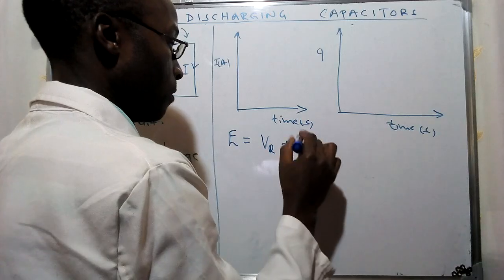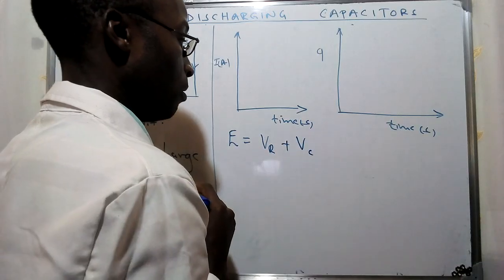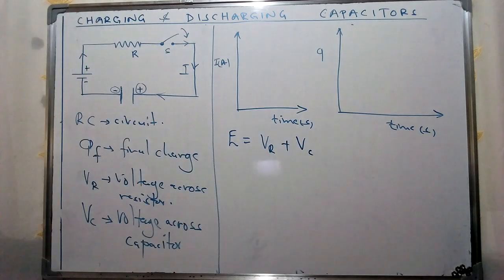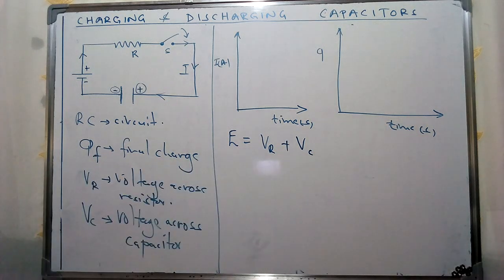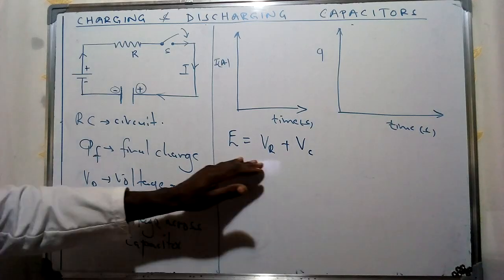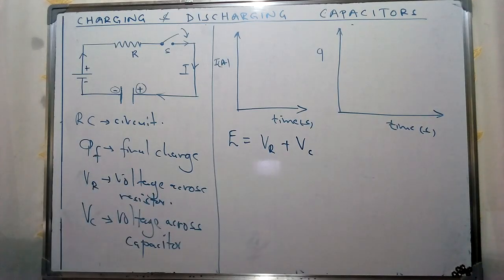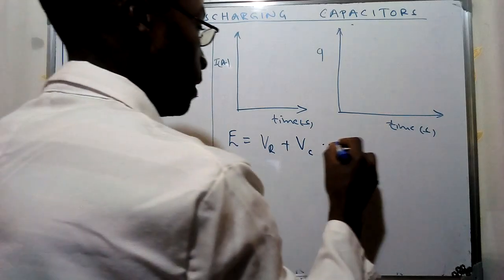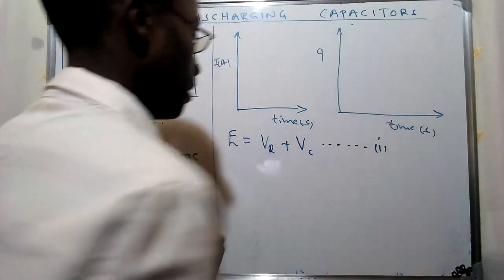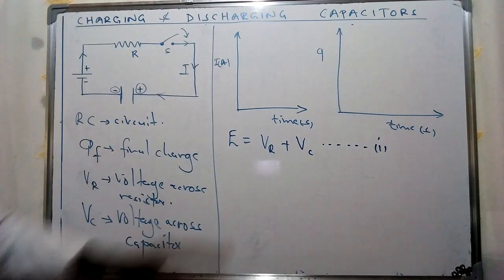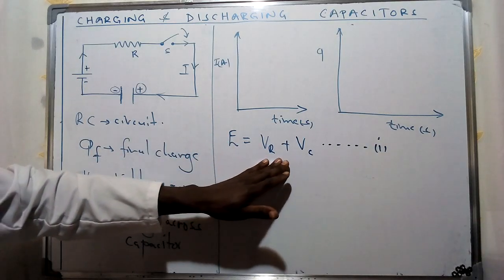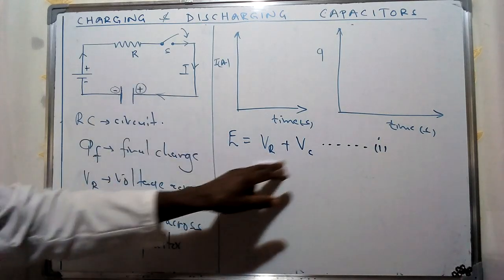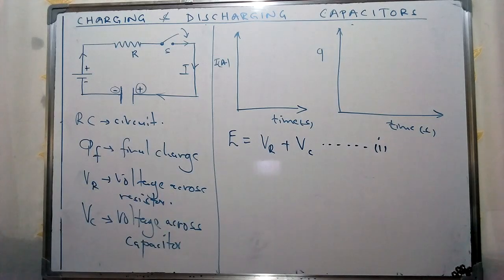I mentioned the concept of Kirchhoff's law, which we're going to look at later, especially in trying to evaluate the connection of resistors and capacitors in series and parallel. But I'm just going to give this in terms of this equation, hoping that we can understand it from that perspective. So we're going to have E in this circuit represented as a sum of V_R, the voltage across the resistor, and V_C, the voltage across the capacitor.